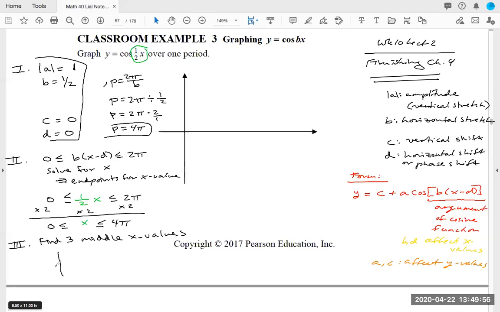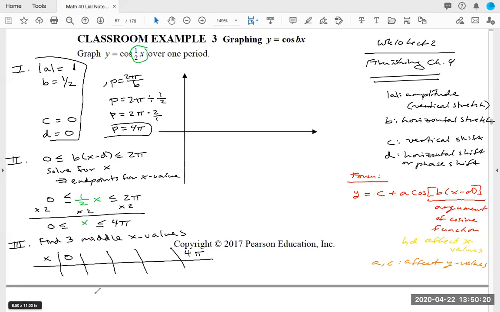So essentially, we have x values, and the end values will go here. We need to find the second one, third one, and fourth one.